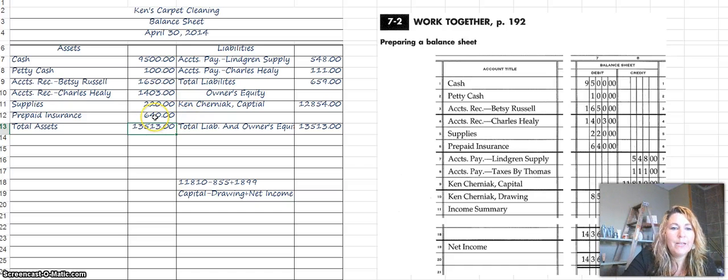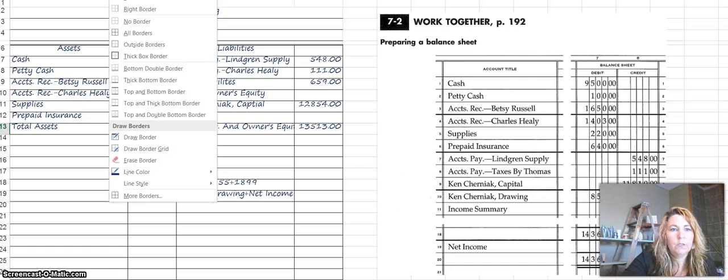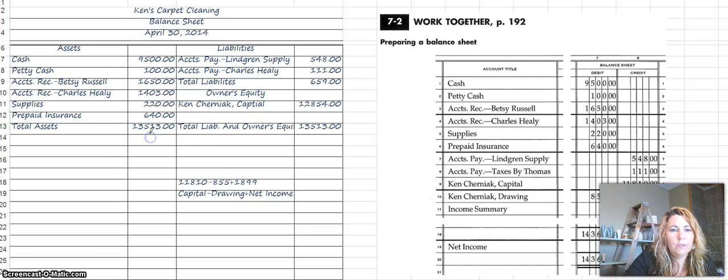I'm going to go ahead and come in here and draw all my borders. So I had a line here to show I added. I had a line here to show that I added. And I have a line down here to show that I added.